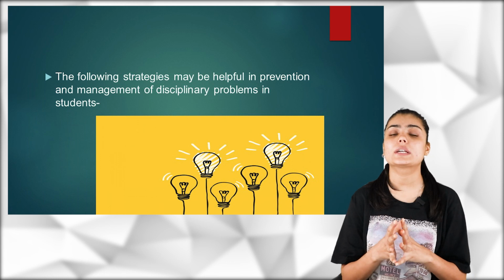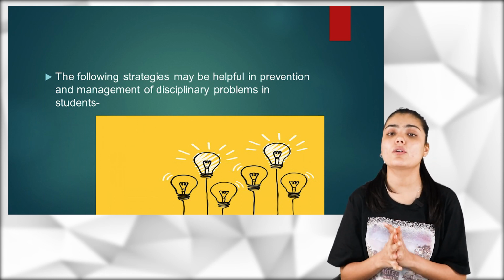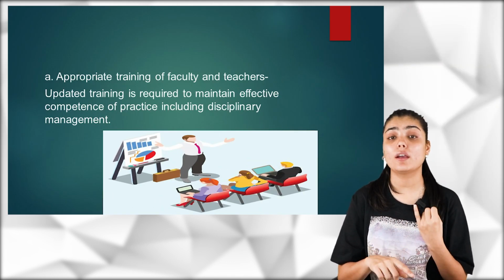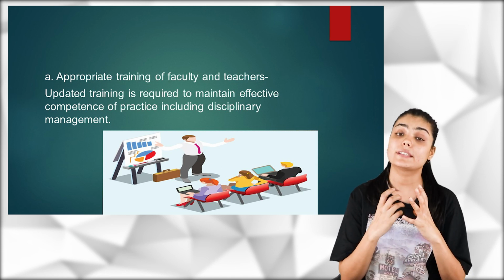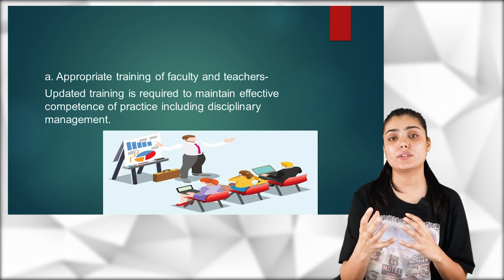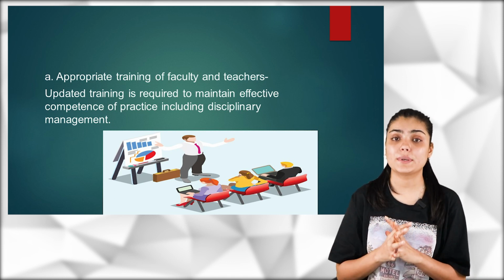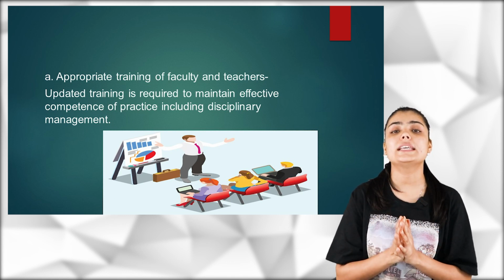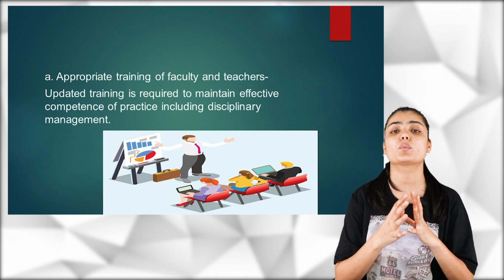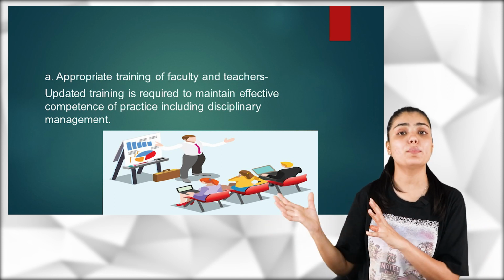So let us see what are the strategies that can be used in management or prevention of disciplinary problems. The first one is appropriate training of faculties and staff of the institution. We have seen that a poor relation between a student and a teacher also creates certain disciplinary problems. And also we've seen that incompetency of the teacher to handle students within the institution may also be the cause of certain disciplinary problems.